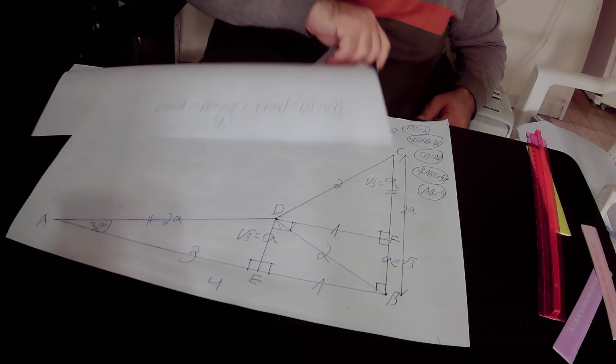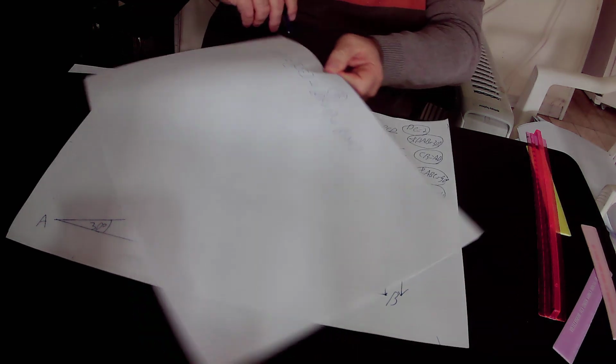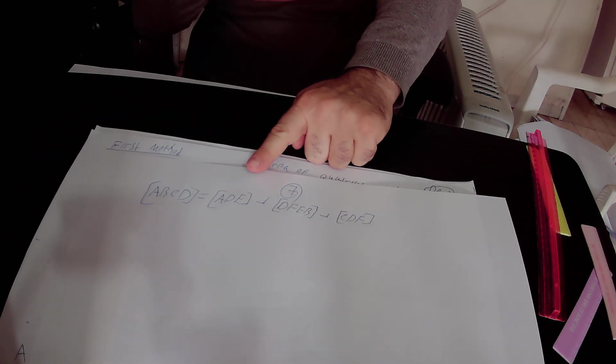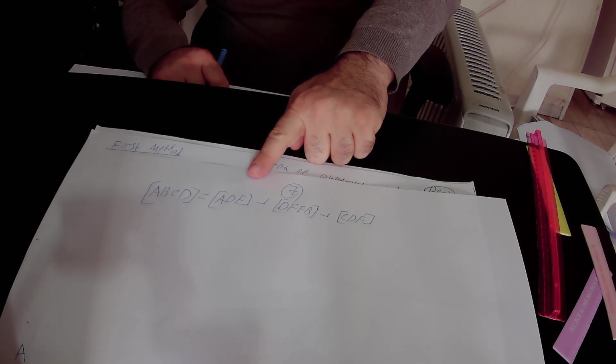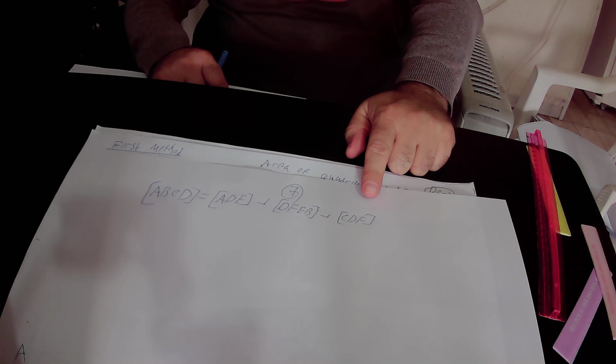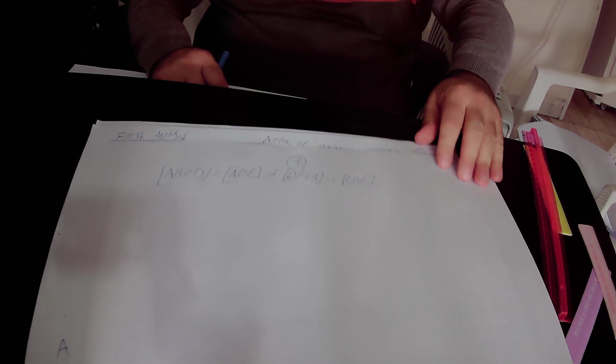I will repeat again. The area of quadrilateral ABCD equals to the area of the right triangle ADE plus the area of rectangle DFEB plus the area of the right triangle CDF.